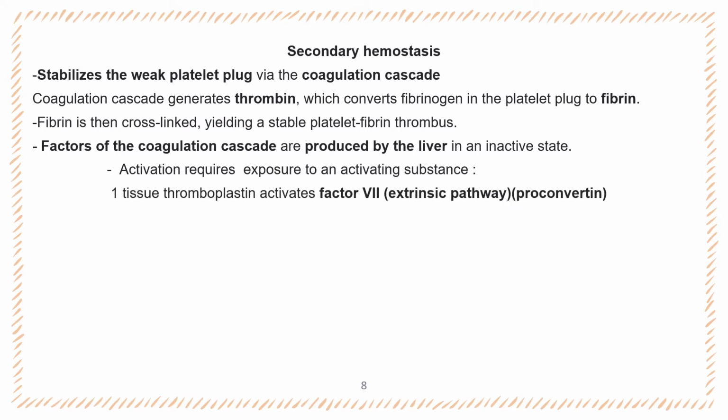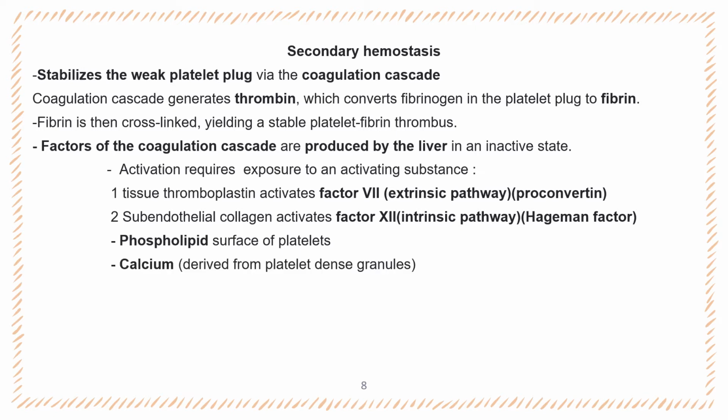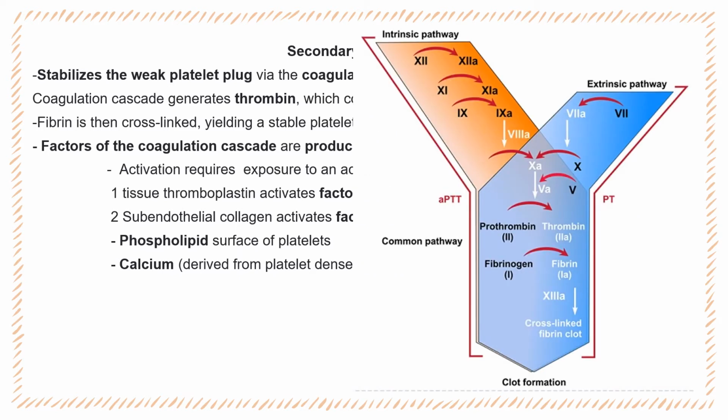Tissue thromboplastin activates factor 7, the extrinsic pathway, proconvertin. Subendothelial collagen activates factor 12, the intrinsic pathway, Hageman factor. Phospholipid surface of the platelets and calcium, derived from platelet dense granules, all activate the coagulation cascade.